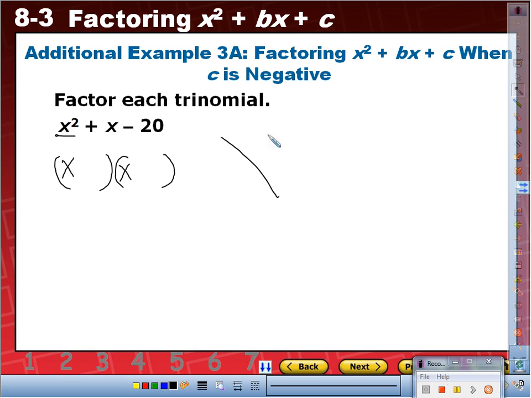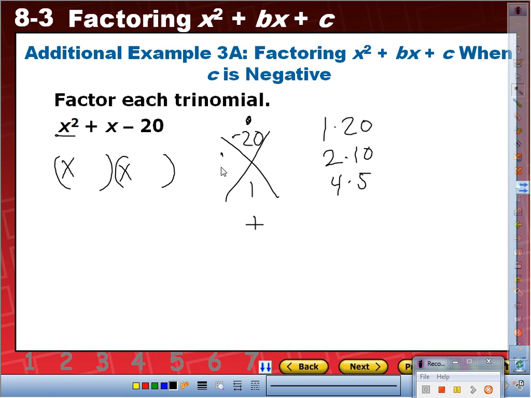Power Rangers. What goes underneath? 1, and it's my sum. However, notice this one now it's a negative. So, factors of 20 are 1 times 20, 2 times 10, 4 times 5. Which one of those, pay attention to this, which one of those, if you add or subtract, gives us 1?